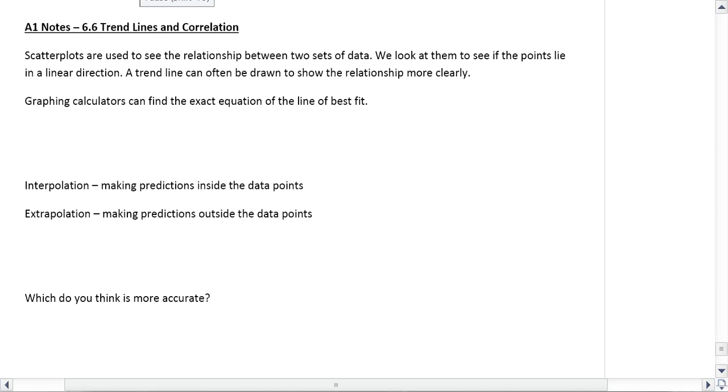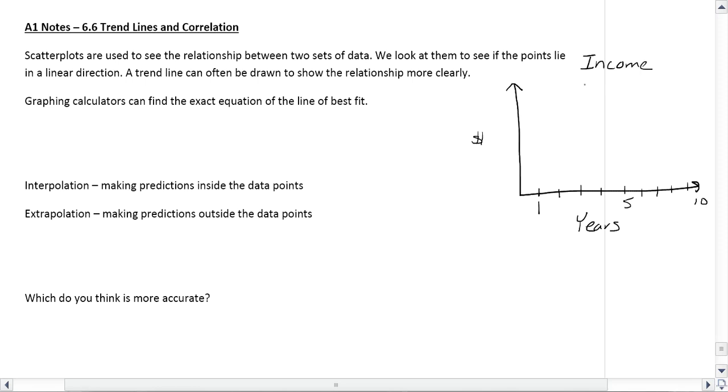Let me just draw an example of a scatter plot here. Let's say this scatter plot is of your income the first 10 years you have a job. I don't know, whatever your starting pay is right here. And let's say after 2 years you got a pretty good raise because they valued your service.